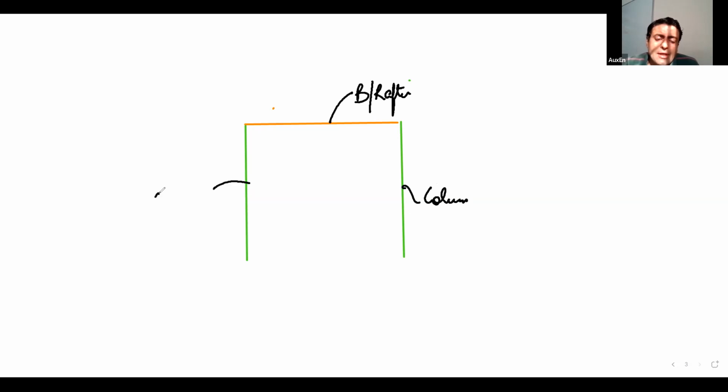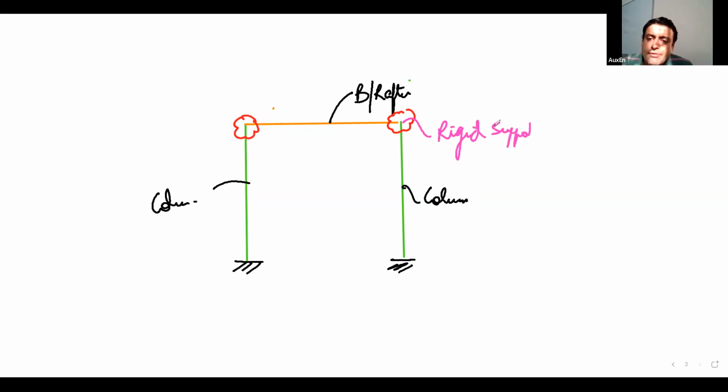So how are these beams and columns connected? This support over here will be which type of support? So this support will be a rigid support. This support that we will create will be a rigid support.